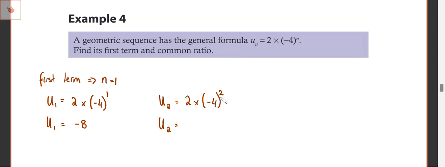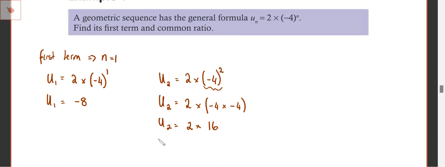Remember your BEDMAS, brackets, exponents get done before multiplication. So we need to do this bit first. It's going to be 2 times, what's -4 squared? Negative 16. Wait, no, it's regular 16, positive, because this is -4 times -4. So that would be 2 times positive 16, which is 32.